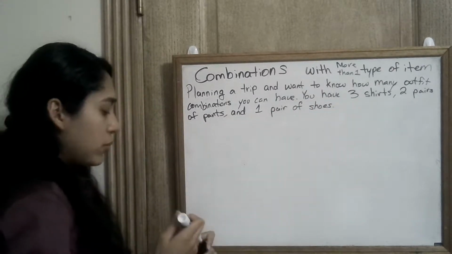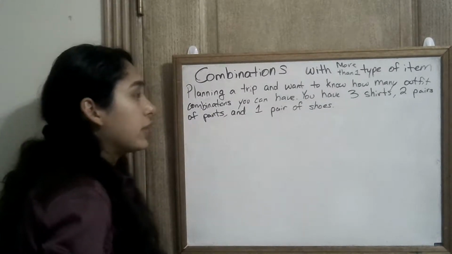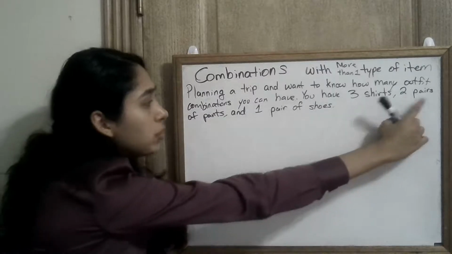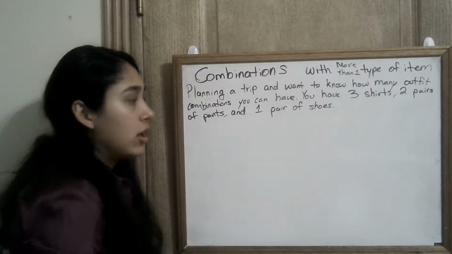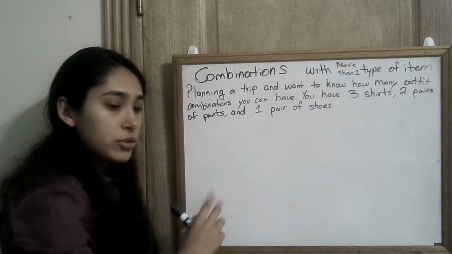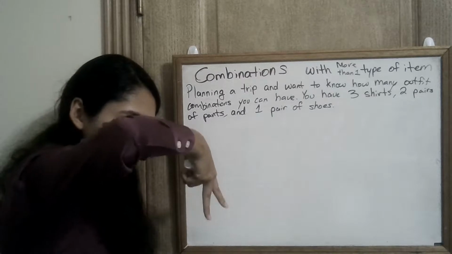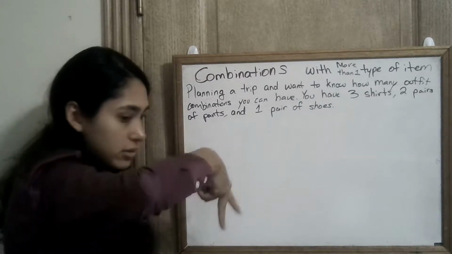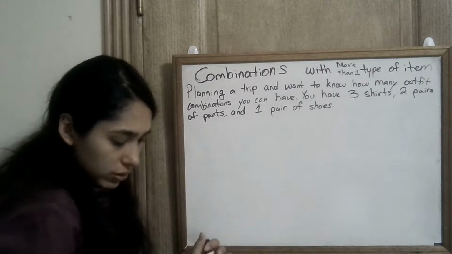Something else I do want to point out, especially for our non-native English speakers, 2 pairs of pants doesn't mean 4 pants. We just call pants a pair of pants, usually because there's like 2 legs. So 1 set of pants is called a pair of pants because there's a pair of legs. So let's go ahead and write this out.